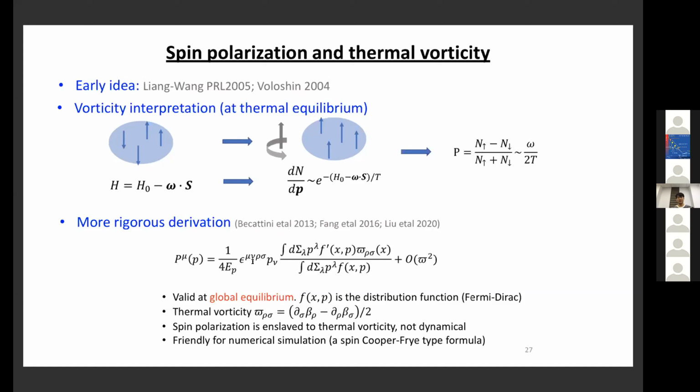But anyway, this formula could apply only when the system is close to equilibrium. This similar formula is a kind of spin Cooper-Frye formula. Which means if you obtain the thermal vorticity, you can use this formula to obtain the polarization, okay, through the phase out.